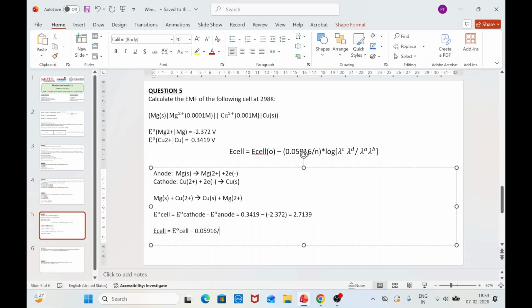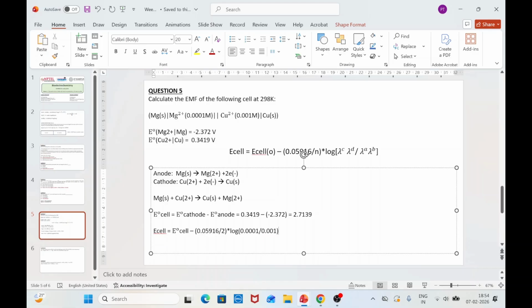The value of n is going to be 2 times log of magnesium 2 plus ion to copper 2 plus ions. So magnesium is 10 power minus 4 and copper 2 plus is 0.001, right?